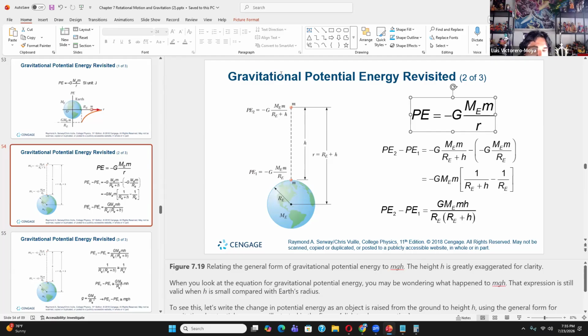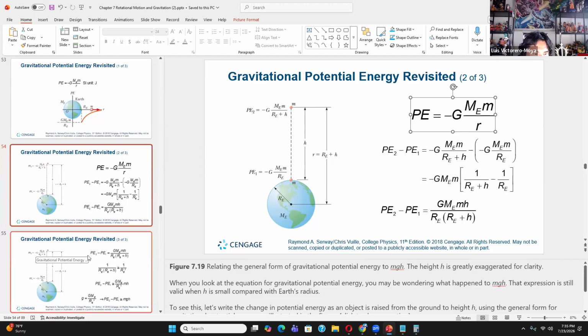As you are farther from a planet, your potential energy, magnitude-wise, is less because the gravitational pull is also less. As you get closer to the planet, the gravitational pull is greater, so the potential energy is greater, magnitude-wise. All right?